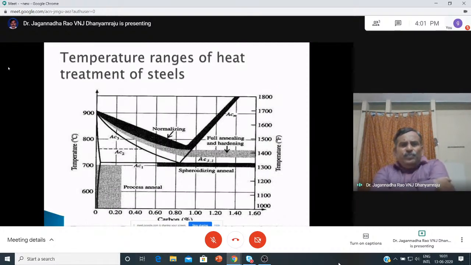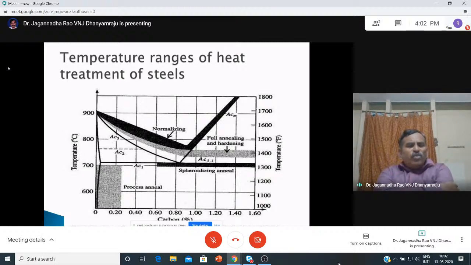Now let us see the temperature ranges of heat treatment of steels. If you observe this diagram, this is the steel portion of the iron carbide equilibrium diagram. So here you can see at the top there is austenite. This V loop is austenite, and on the left hand side there is a small loop.